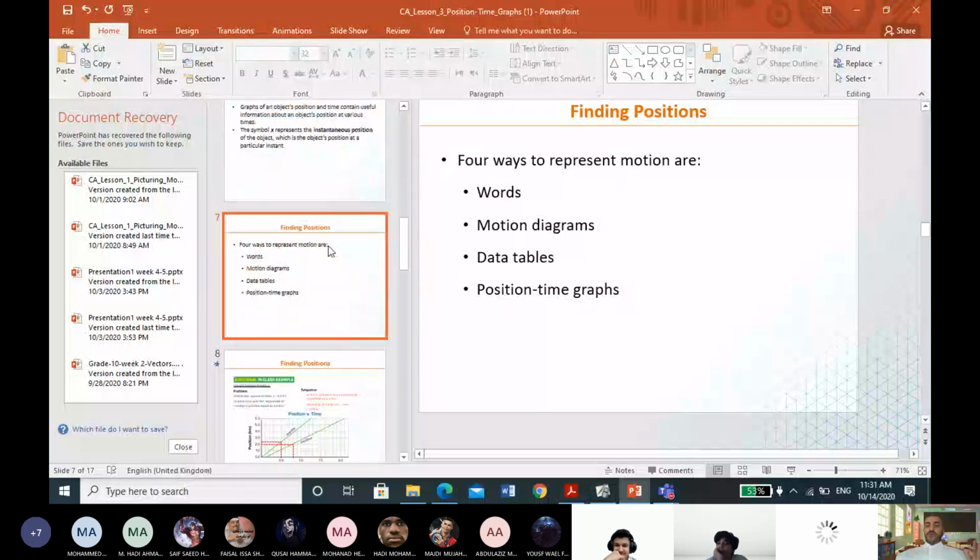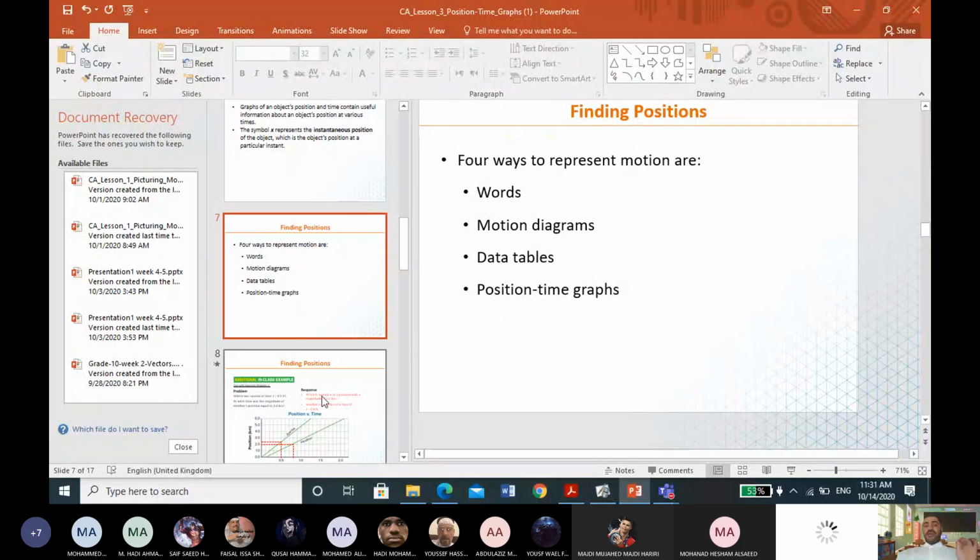We already talked about the motion diagram, the particle diagram, that is replacing the moving object with points. Then the data table that we also talked about, and finally the position-time graph. So this is the position-time graph.